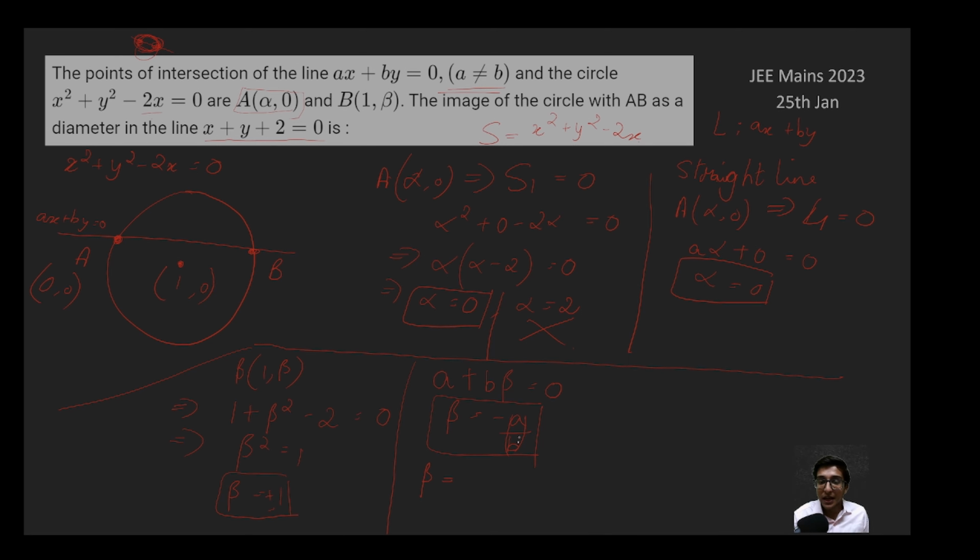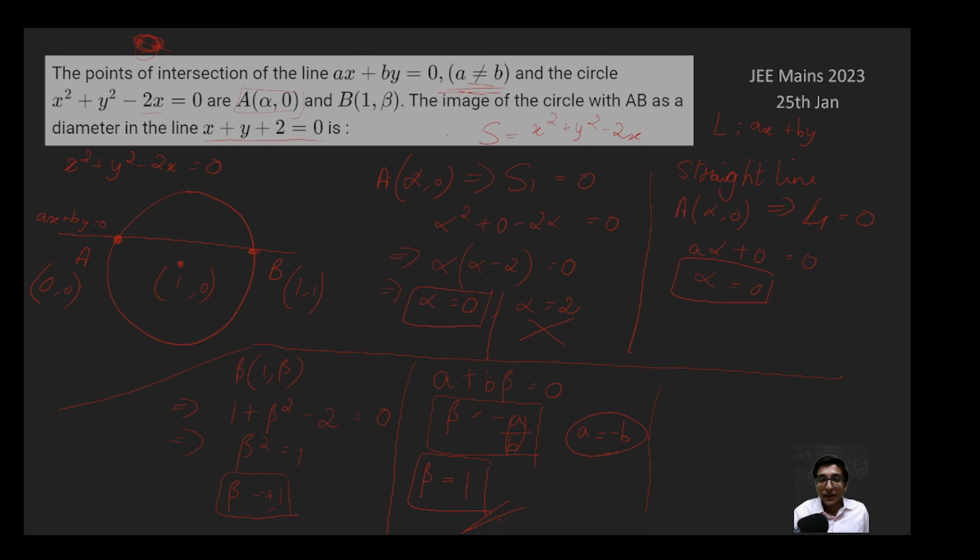If A and B are not equal to each other, let's say they are some other values, we can get neither 1 nor minus 1. However, if A is equal to minus B, this one also satisfies this equation, and if we apply this here, instead of B, if I write minus A here, A and A would get cancelled, minus and minus would get cancelled, we would get beta to be plus 1. So that means we've cracked this part of our equation. A is equal to minus B, that means beta would come out to be 1. So we've got our second point as well, which is (1, 1).